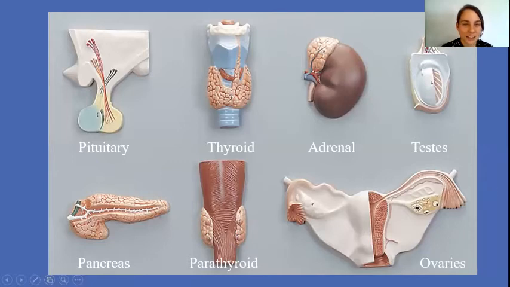So just to test yourself, can you tell me which of these are going to be a primary endocrine organ? 4 of them are the pituitary, the thyroid, the adrenal, and the parathyroid. Those guys are all those major endocrine organs, whereas the testes, the ovaries, and the pancreas have other functions.